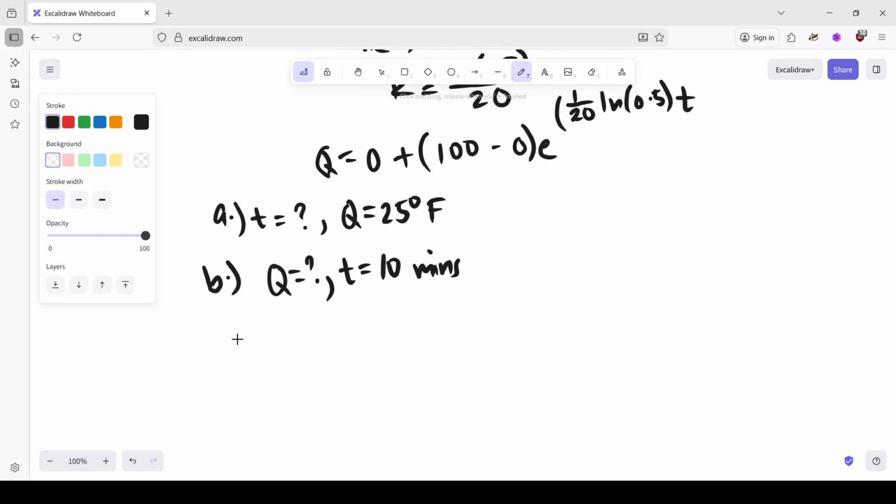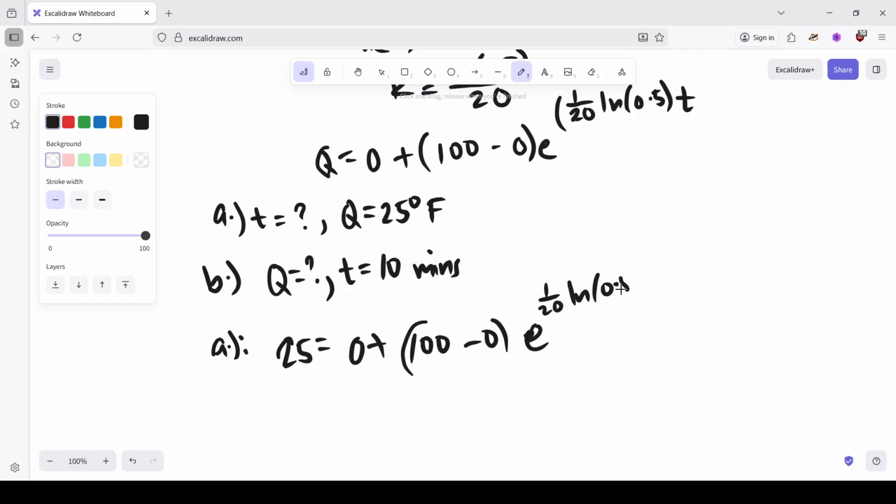So letter A: Q is 25. 0 plus 100 minus 0, e raised to 1 over 20 ln of 0.5 t.